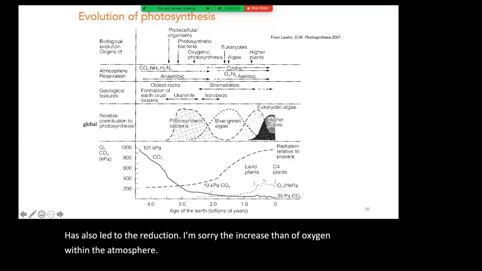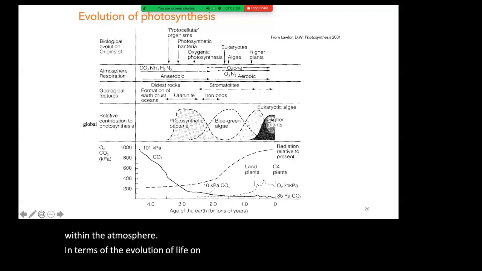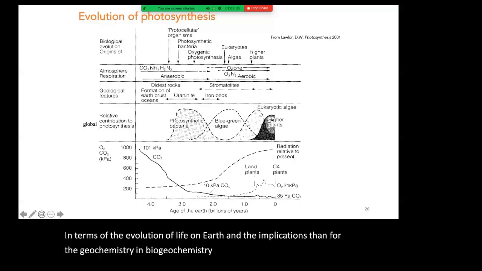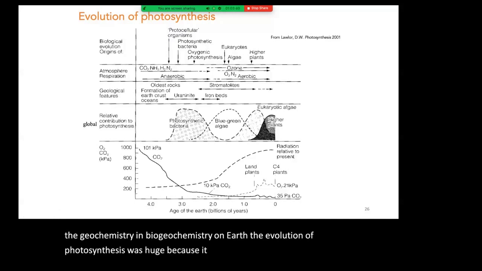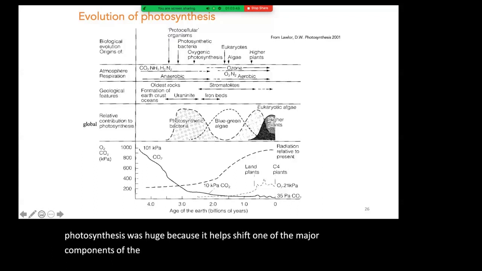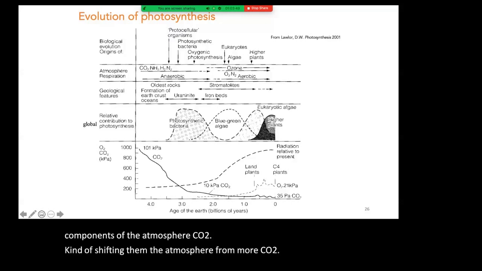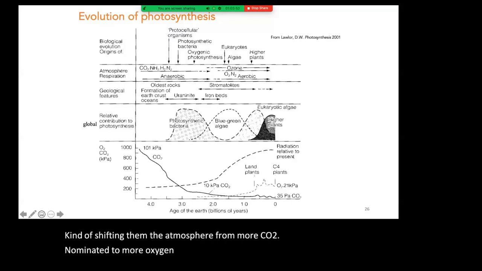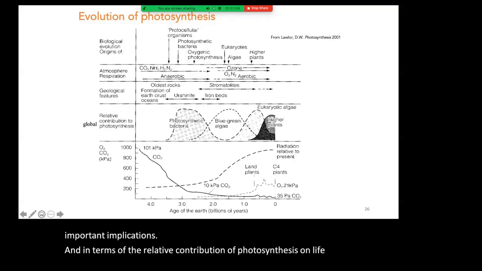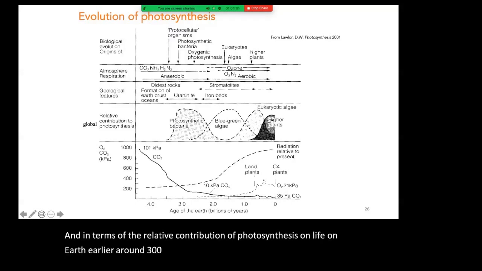In terms of the evolution of life on Earth and the implications for geochemistry and biogeochemistry, the evolution of photosynthesis was huge because it helped shift one of the major components of the atmosphere, CO2, shifting the atmosphere from more CO2 dominated to more oxygen dominated. Okay, and that had very important implications. In terms of the relative contribution of photosynthesis, around 3 billion years ago it was mainly photosynthetic bacteria.